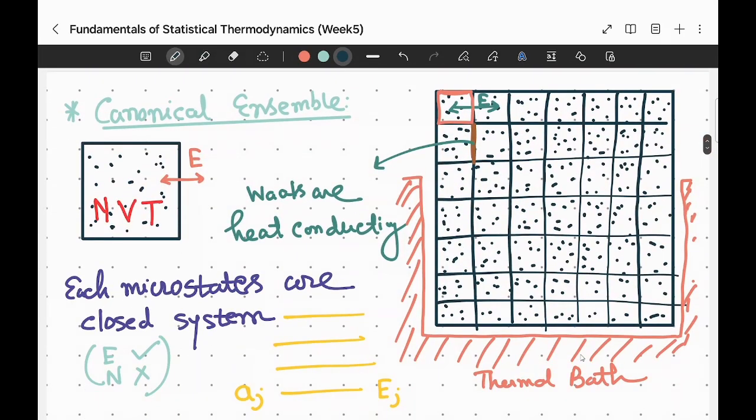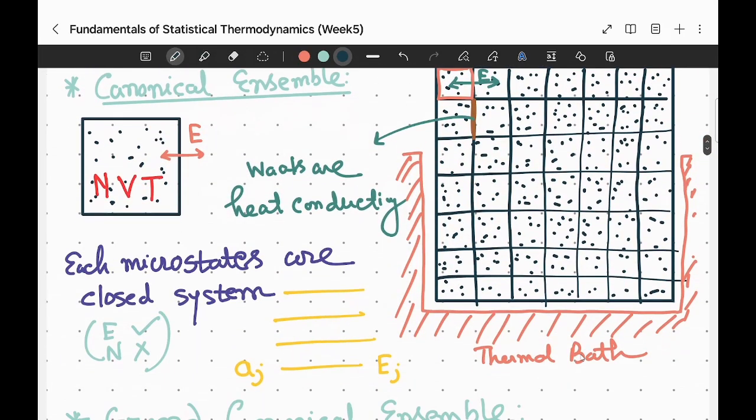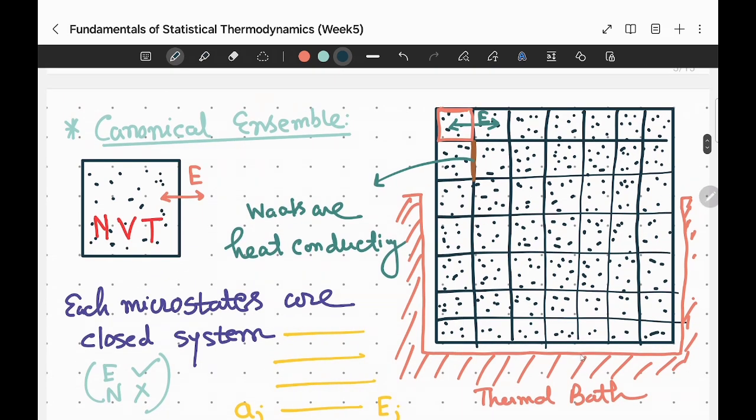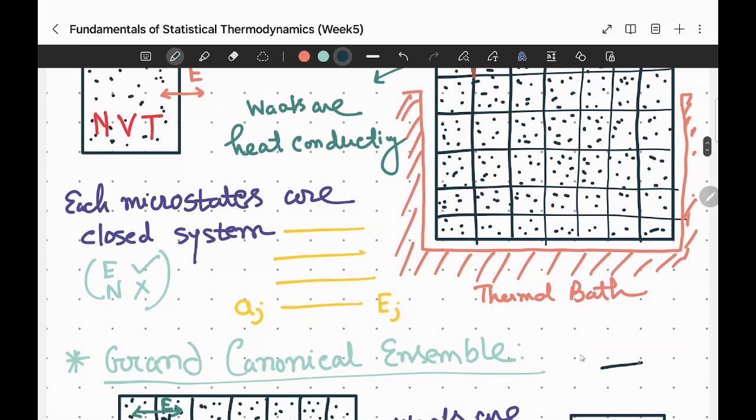So here there are several energy levels. For each microstate, the energies are not the same. There may be some levels with energy E0, some with E1, some E2. These are the energy levels of the microstates, not due to rotation or vibration.